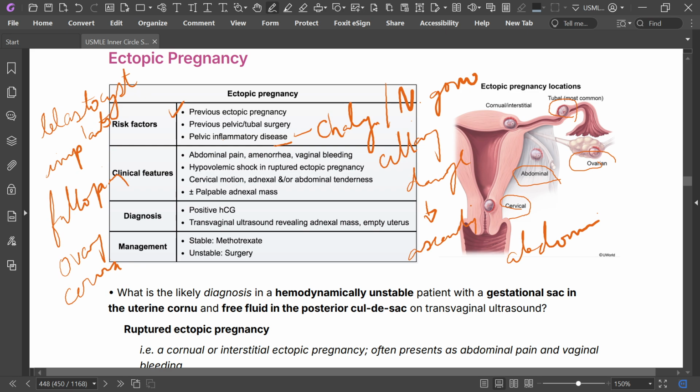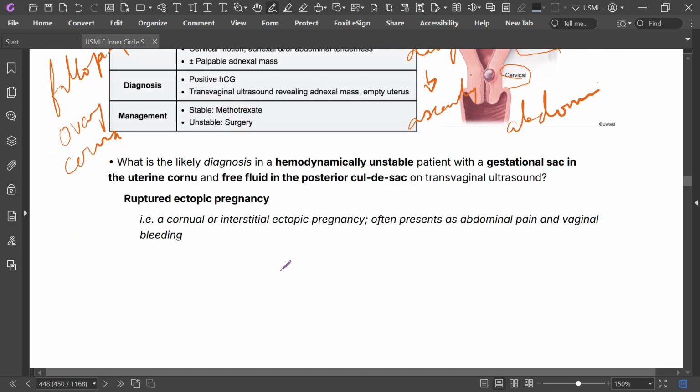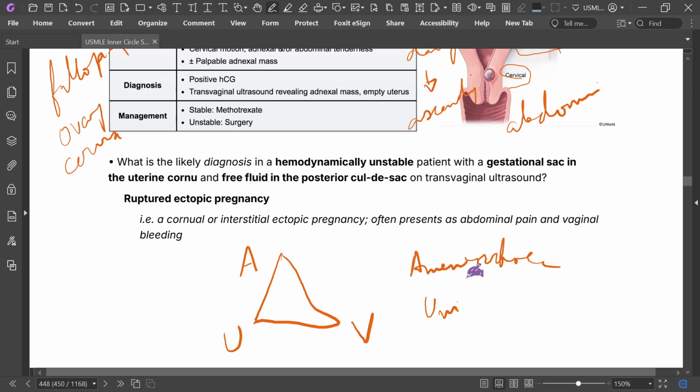If we look at the clinical features, you have to remember a triad of clinical features. What is present in the triad? One is amenorrhea, second is unilateral lower abdominal pain, and third is vaginal bleeding.